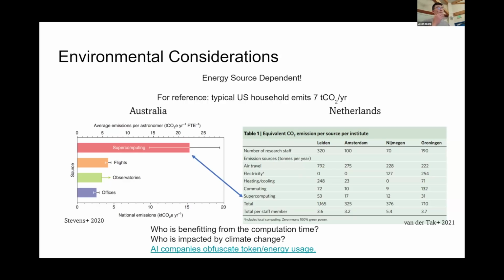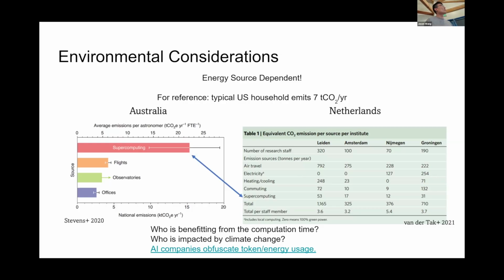But this actually depends quite a bit. If you look at the Netherlands, the supercomputing at Leiden, they're using about 53 tons of CO2 per year per institute. And in that institute, there are about 320 research staff, so it's actually less than 1 ton per year per person. And this is about what kind of energy is powering these supercomputing centers.